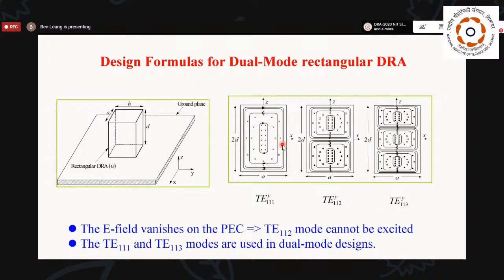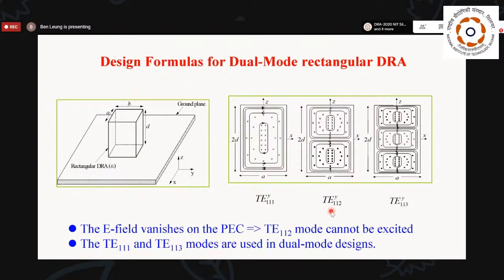However, if the ground plane really exists in the structure, the E field here is strong at the ground plane position, which violates the boundary condition that the tangential electric field should be 0 on the ground plane or on a metal plate.